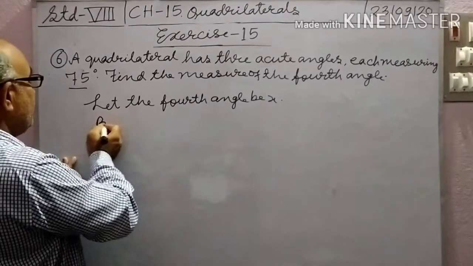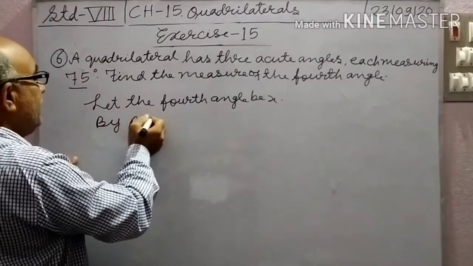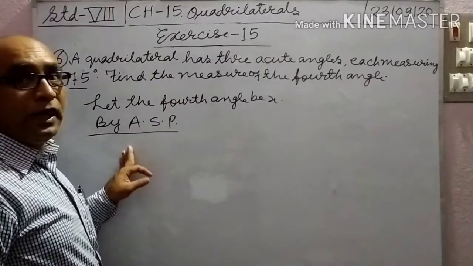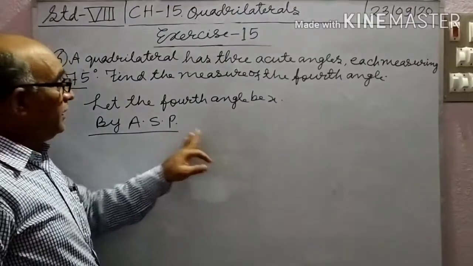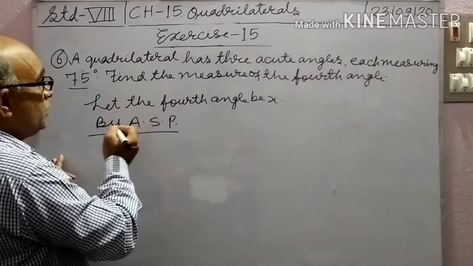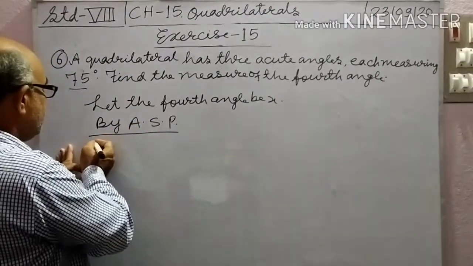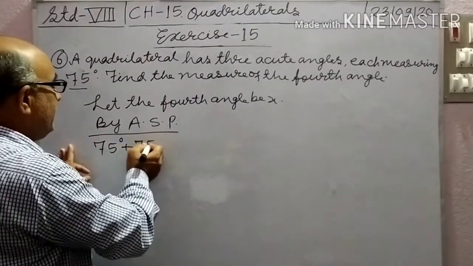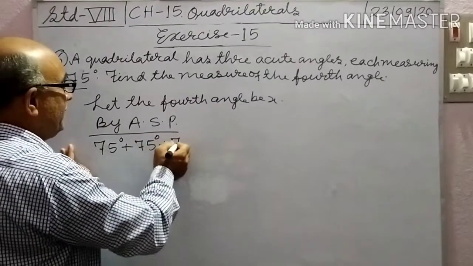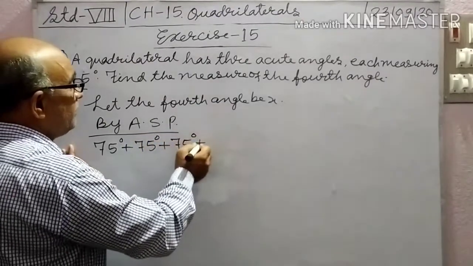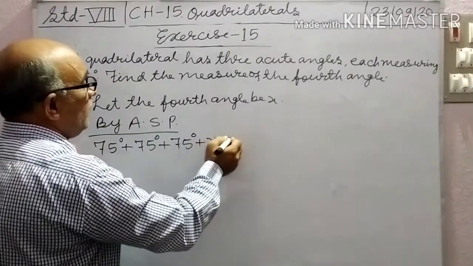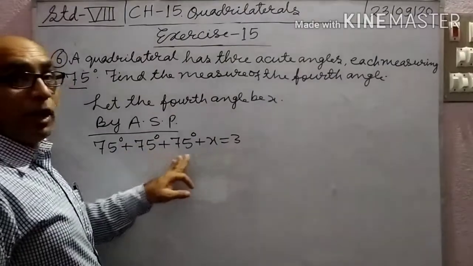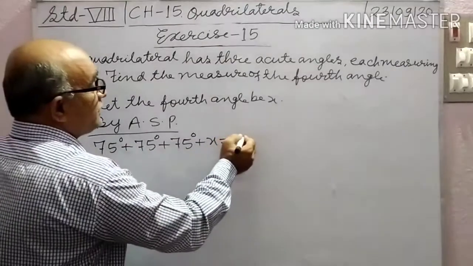By angle sum property, the sum of the angles of a quadrilateral is 360 degree. So three acute angles are 75 degree plus 75 degree plus 75 degree, and the fourth angle is x, equal to 360 degree.